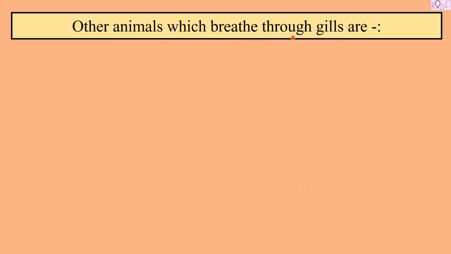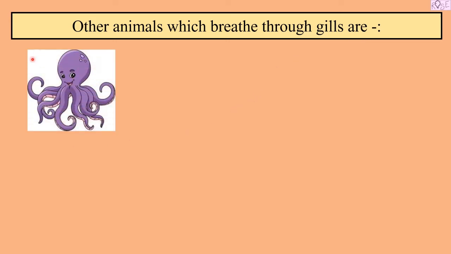Some other animals also use gills to breathe. The first animal that uses gills to breathe is this one. Can you guess the name of this animal? It has 1, 2, 3, 4, 5, 6, 7, 8 legs.